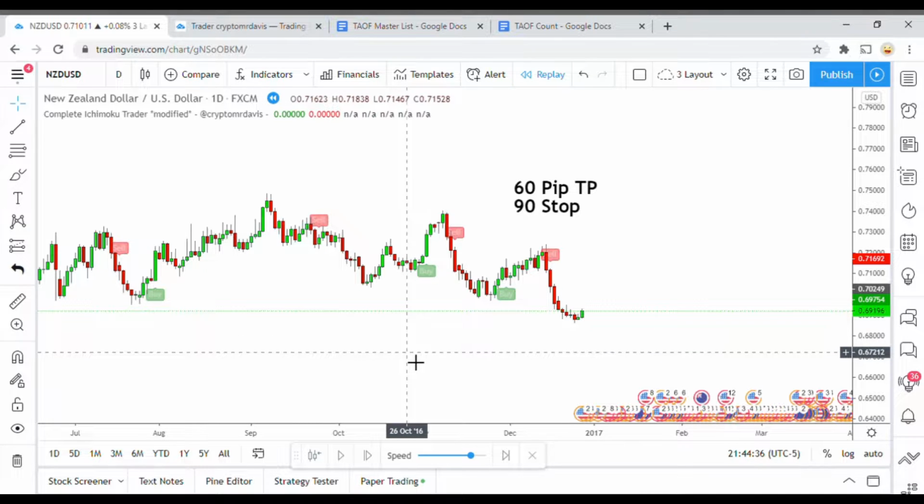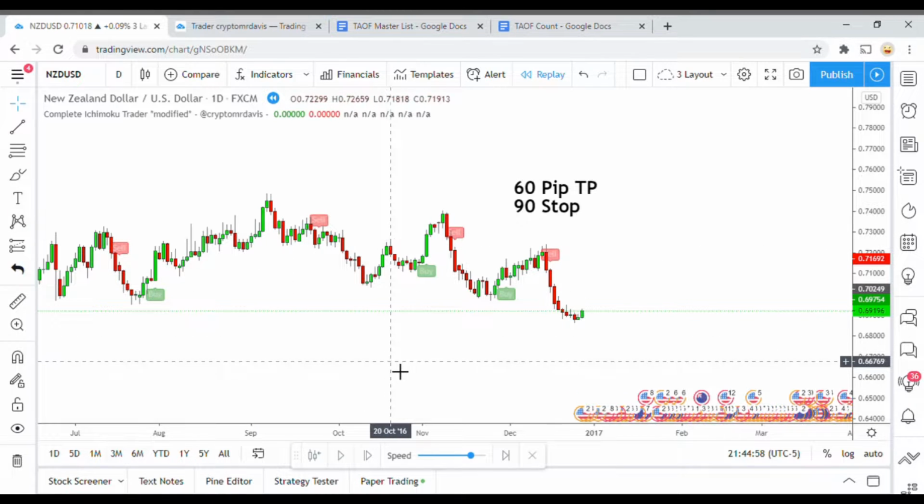If you don't know about the Ichimoku Cloud, you can go back and take a look at it. It is kind of an all-in-one trading system, with lots of different components that all have to align in specific ways for you to get trade signals. There are tons of different ways to trade the Ichimoku as well. There's not just one way.